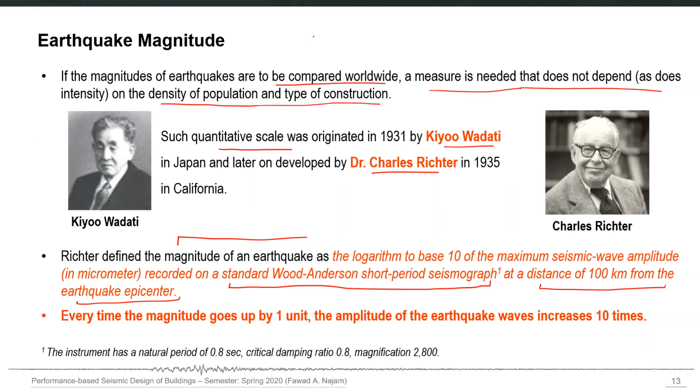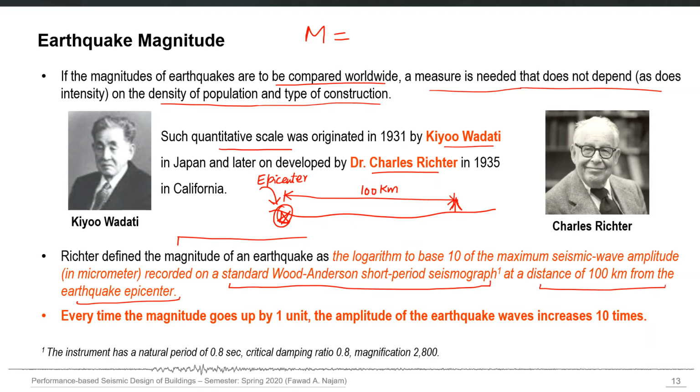So the definition of magnitude M is this: for example, if this is the surface, and let's say this is the epicenter on the surface, and at a distance of 100 km from that epicenter, let's say you have a recording station here at this location. So this is 100 km, and that recording station is the standard Wood-Anderson short period seismograph at 100 km.